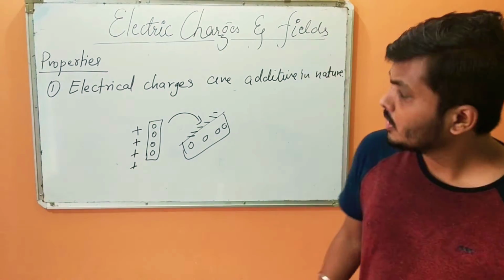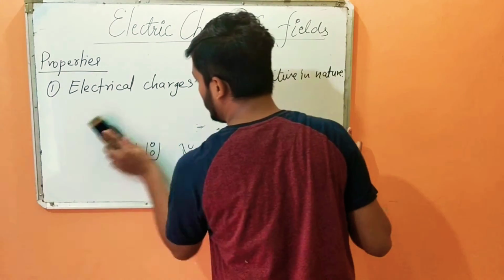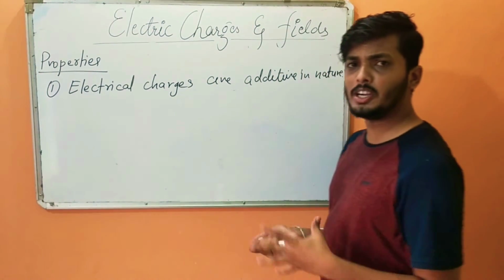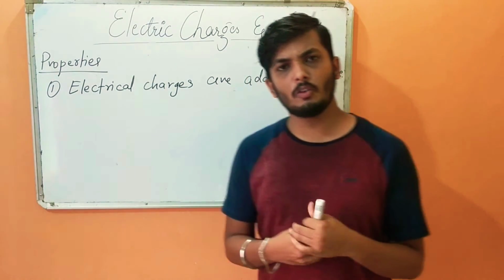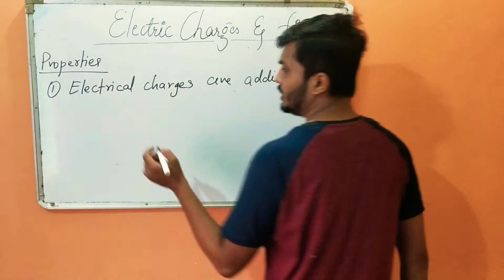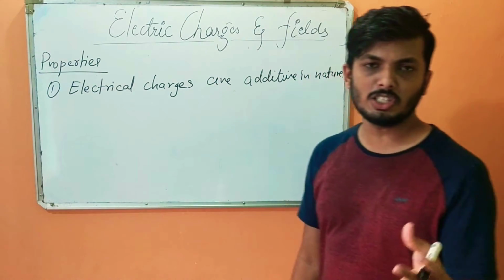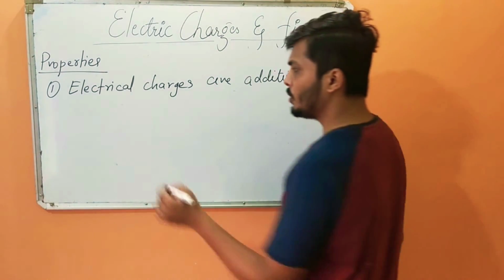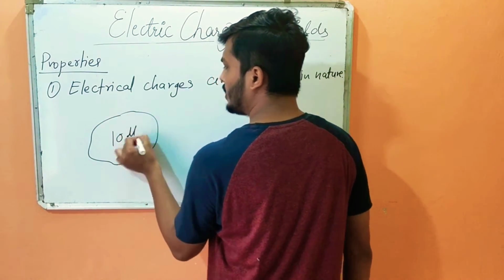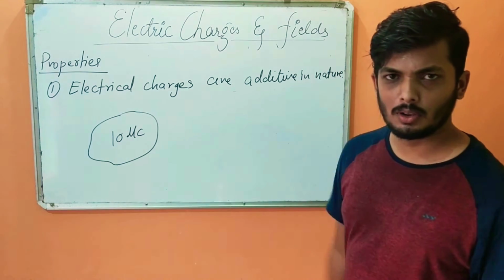So electric charges are additive in nature. In an isolated system, the vector sum of the electrical charges of the system is equal to the sum of the individual charges of the bodies. Suppose there is one body whose net charge is 10 microcoulomb, just an example.